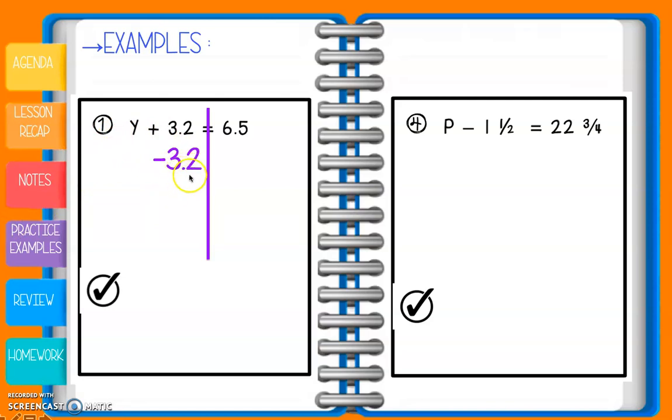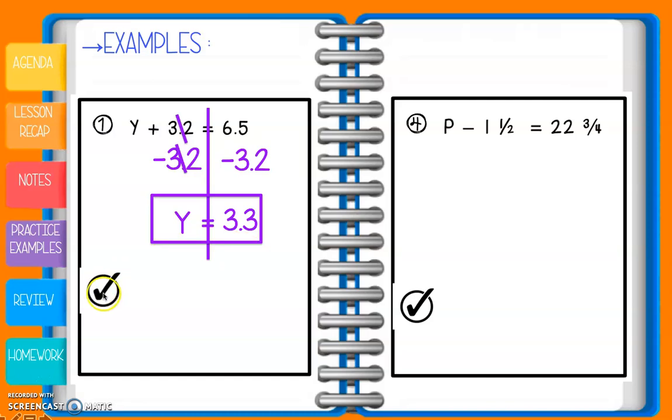Whatever I do on the left, I'm going to have to come over here and do the exact same thing on the right. Now, I have a plus 3.2 and I have a minus 3.2. Those are opposites, so those are going to cancel, and we're left with just a y. And then over here we have 6.5 minus 3.2, which is 3.3. So our solution is y equals 3.3.